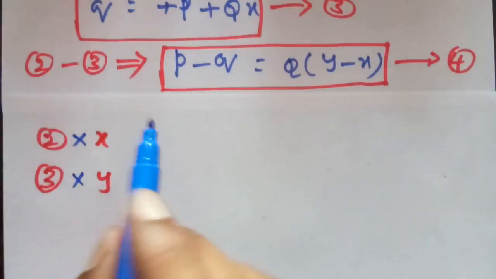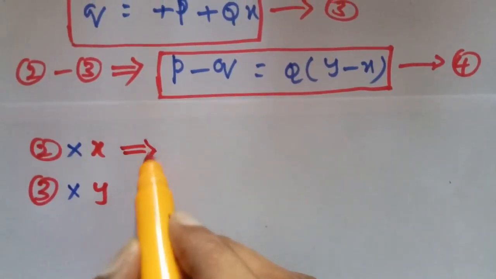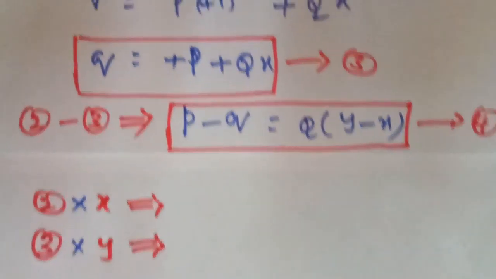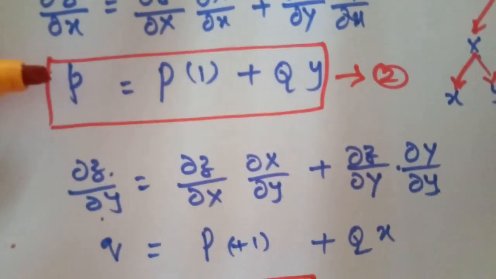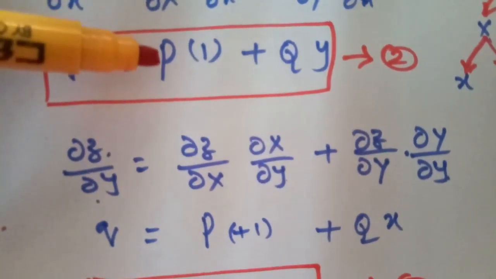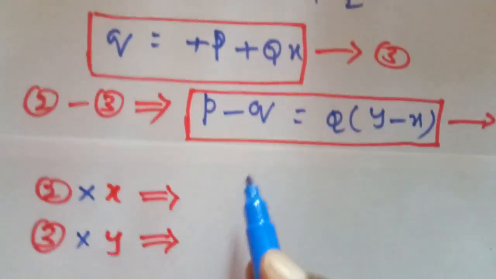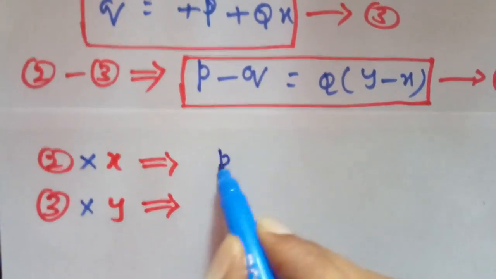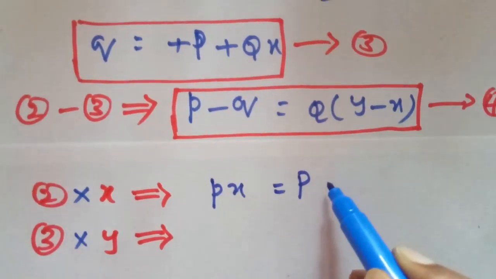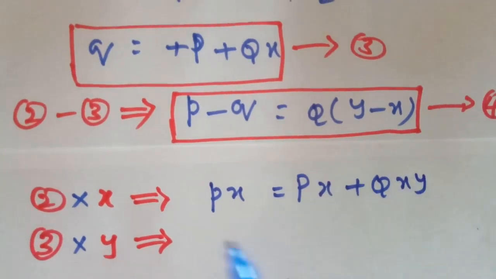Therefore, this implies, now 2 into x, that is p into x on the left hand side. Here px plus qxy. Now small p into x is equal to capital P into x plus q into xy.